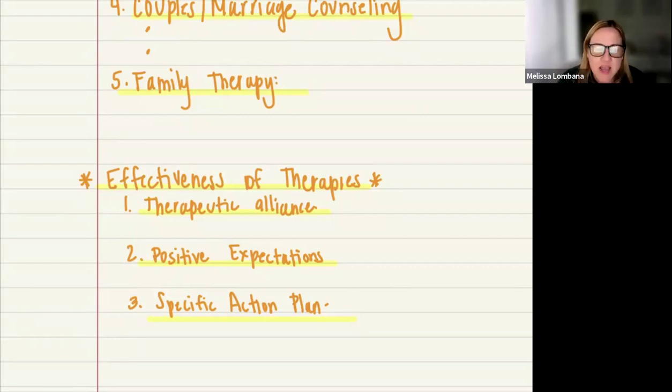And then the next one is a specific action plan, in which the therapist will create an action plan for the patient, and the patient works towards whatever the plan is in order to develop new coping behaviors or skills.